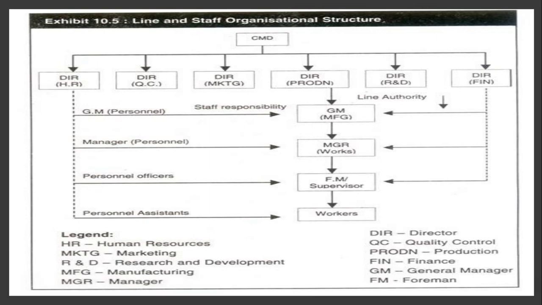So line and staff authority, this type of organization structure is more specialized, which is the extended version of the line organization, and here unity of command is not violated, so there is less confusion, chaos and disorder in the organizations.